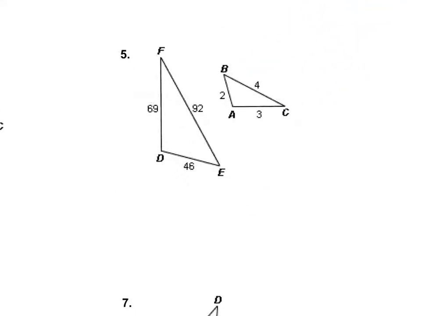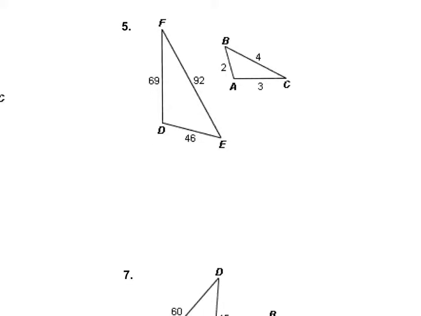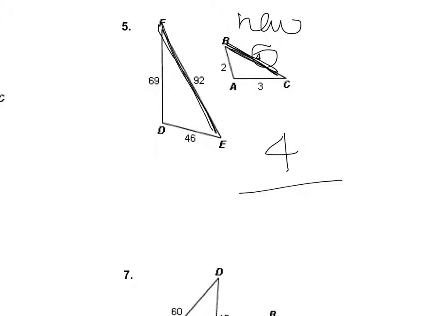Number 5 is a little bit more confusing because of the way it's written. It's turned sideways. So I'm still going to pick a side from the new one, which is the one on the right. So I'm going to pick 4. So that's going to go on top. I have to figure out which side that corresponds to out of the big one. So what I notice is that 4 is my longest side here. So I need to pick the longest side out of the other one, which is 92. So I need to take 4 over 92 and I'm going to reduce it.